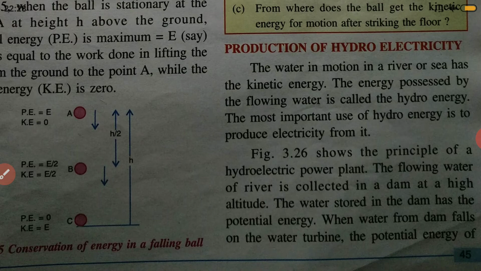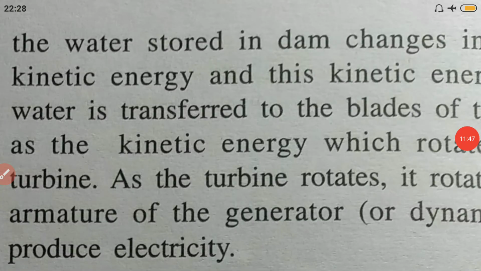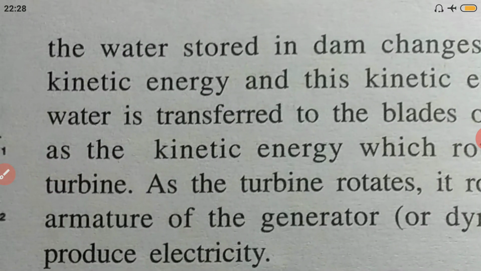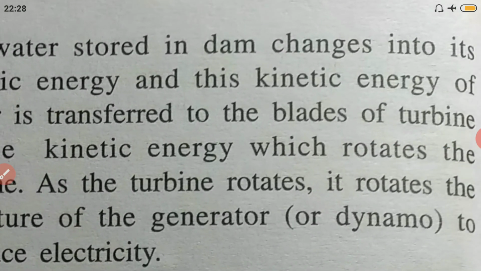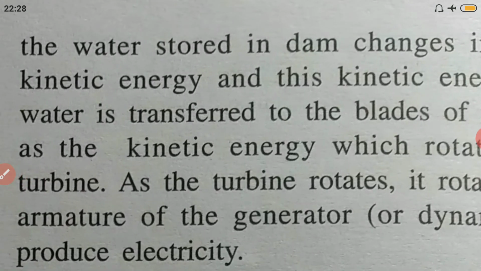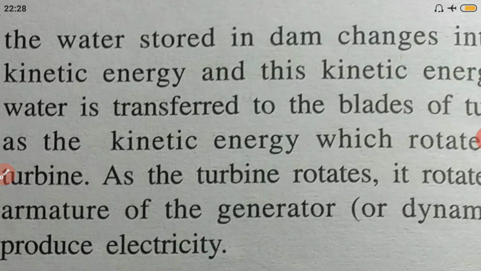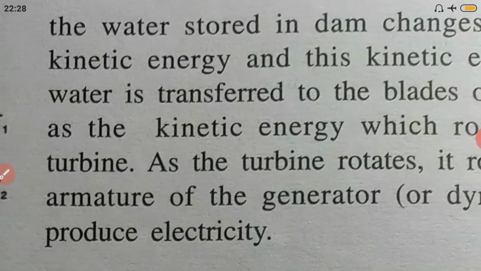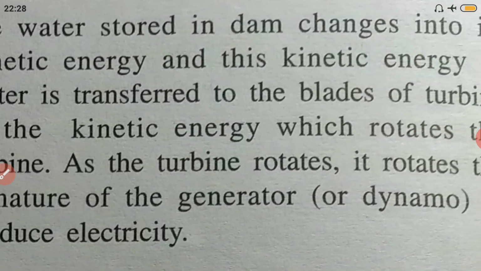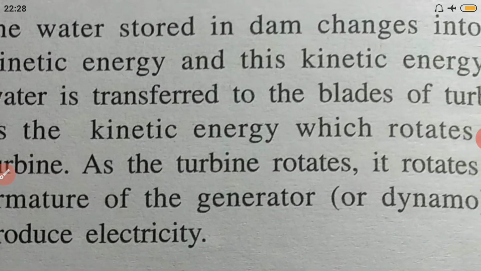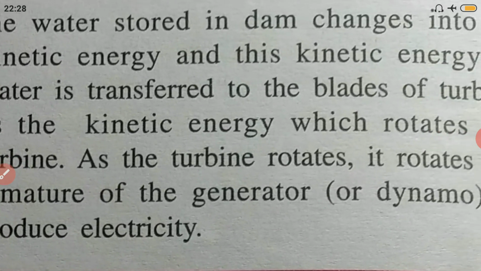When the water from the dam falls on the water turbine, the potential energy of the water stored in the dam changes into its kinetic energy, and this kinetic energy of water is transferred to the blades of a turbine, which rotates the turbine. As the turbine rotates, it rotates the armature of a generator or dynamo, and hence electricity is produced.